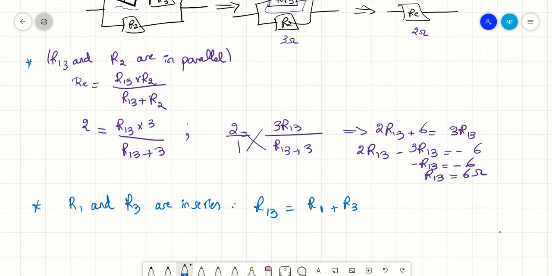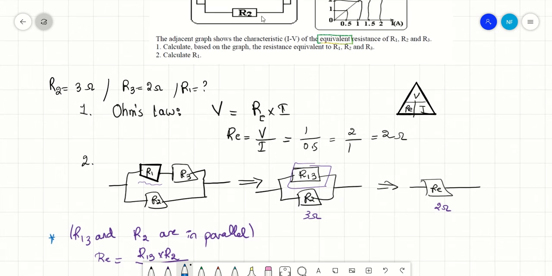R13 is equal to 6, R1 is the one I'm searching for, and R3 is equal to 2 ohm, so R1 will be equal to 6 minus 2, which is 4 ohm. And by this way I made a calculation and calculated the resistance of the resistor R1. That's regarding exercise 1.